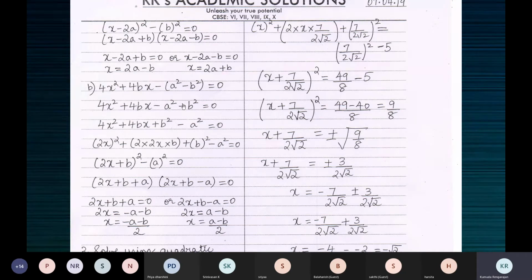For the sake of the sign, that's one reason, we need a positive term. So plus b square. And also see, b square has b in it and the middle term also has b in it. So for these reasons, we group 4x square plus 4bx and this b square. This is the x square term. This is the x term.